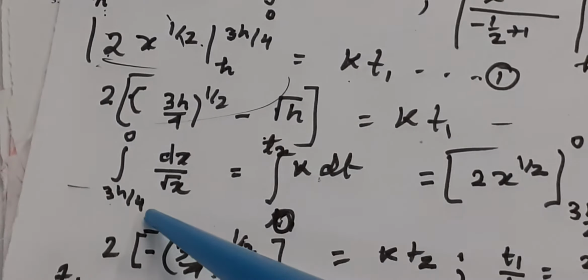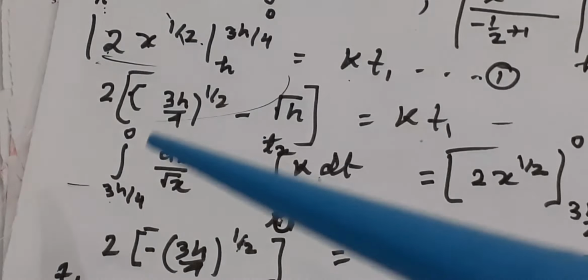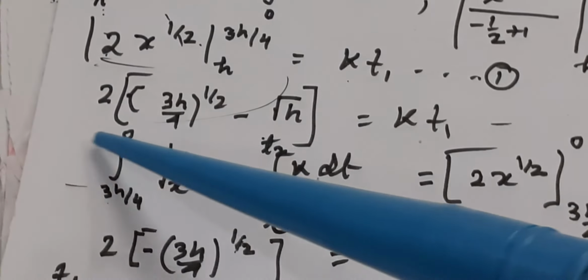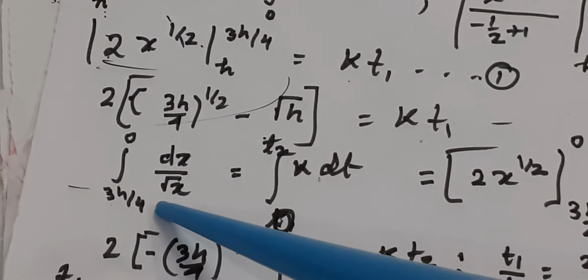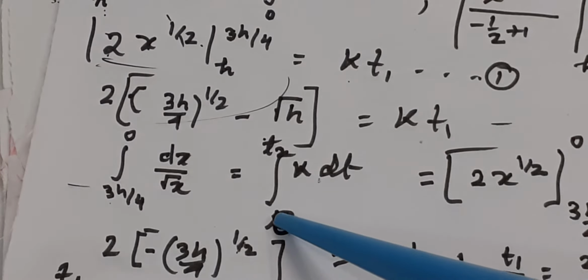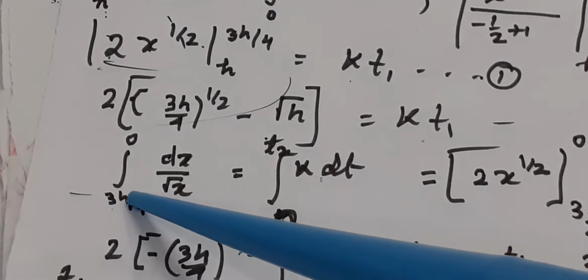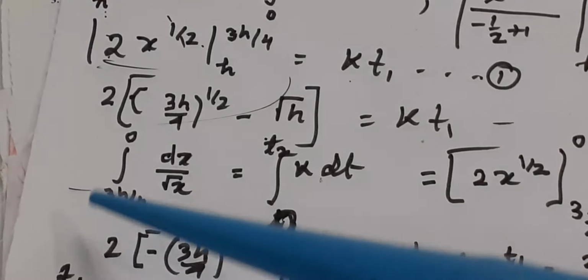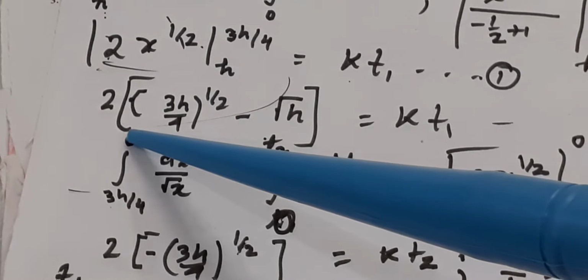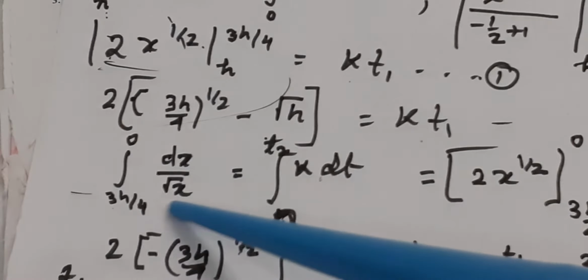Then we have a similar equation, the same equation, just the limits to be changed. Now 3h by 4, now again time starts from the second condition, that is time 0 to t2, that means the initial height will be 3h by 4 to finally 0 level of liquid, I mean the total vessel is emptied out.